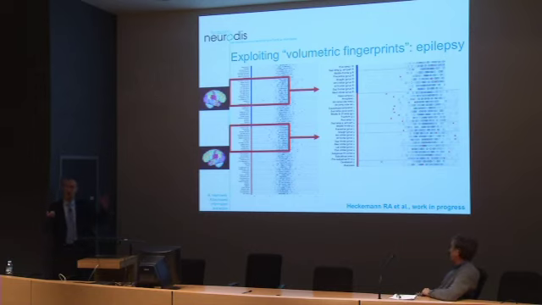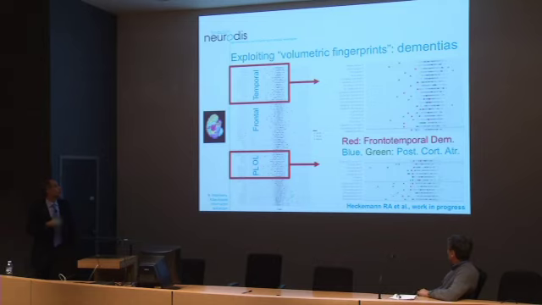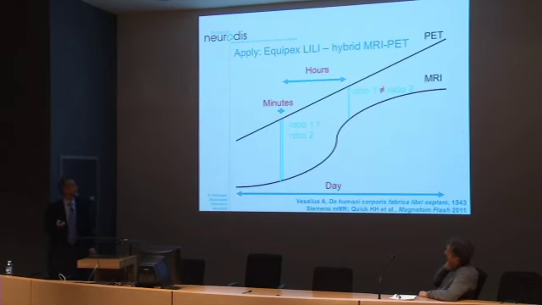This is all just helping clinicians, but I think in terms of science you can look at more subtle things like thalamic asymmetries. In the dementias, this is a result from yesterday, the first morphometric fingerprints in various forms of dementia. You can see that in the temporal lobe you get an atrophy which is particularly marked in frontotemporal dementias, and in the posterior regions this is much more marked in posterior cortical atrophy.